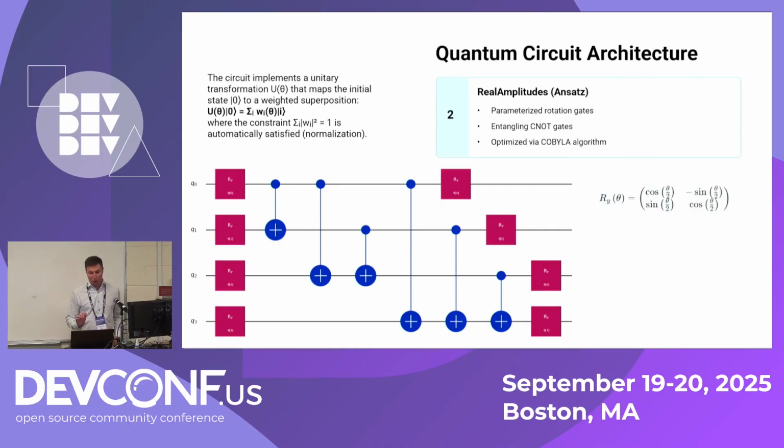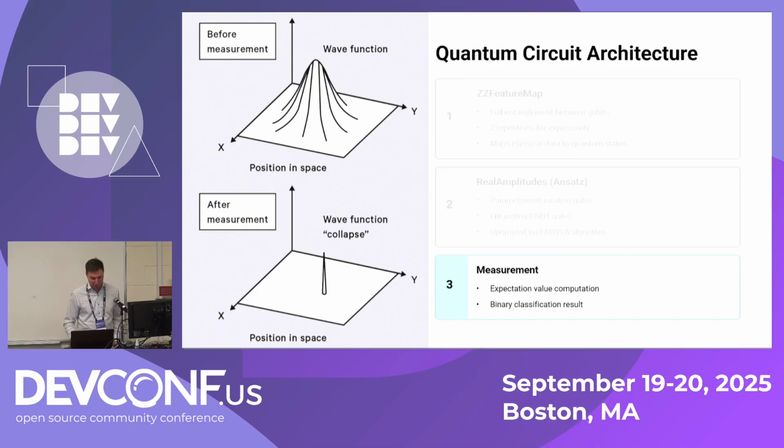One thing to note is, how do we know that the theta we're picking is right as we run the data through it? For that we're using the COBYLA algorithm, if I'm reading it right. It is one of the algorithms, and you can probably use another one, whatever suits your heart.